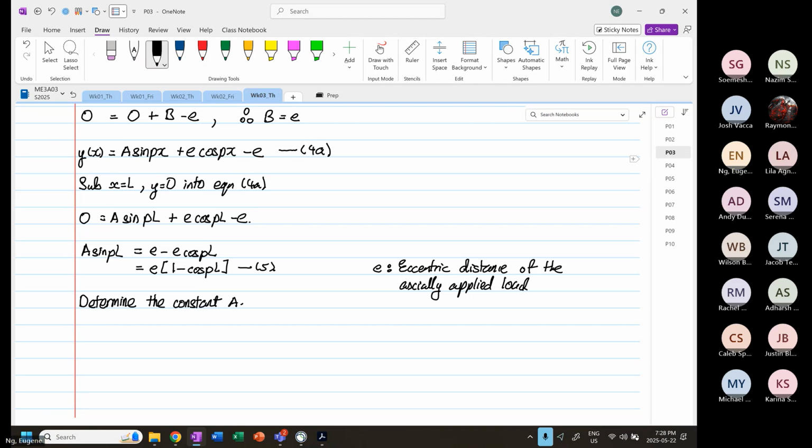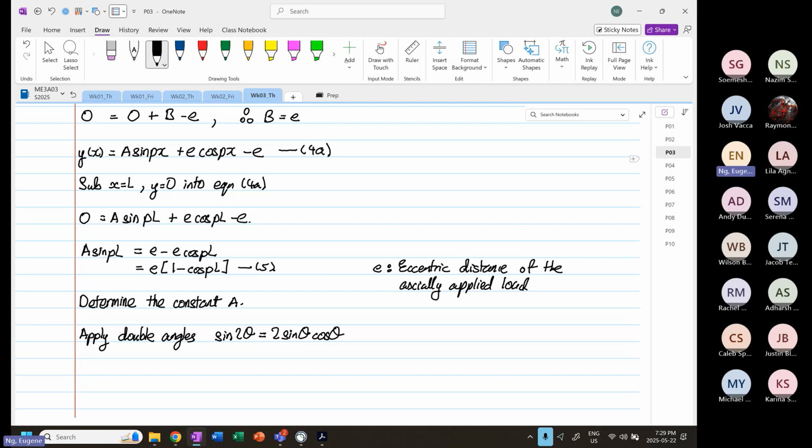Okay. So now, in order to determine the constant A, we are going to apply double angles. And we know there's a relationship where we have sin 2 theta is equal to 2 sin theta cos theta.